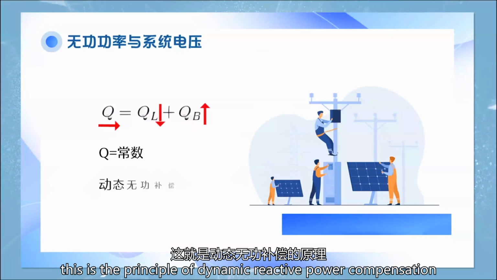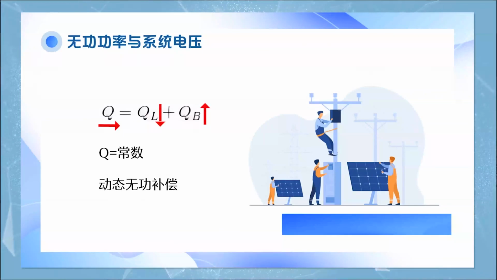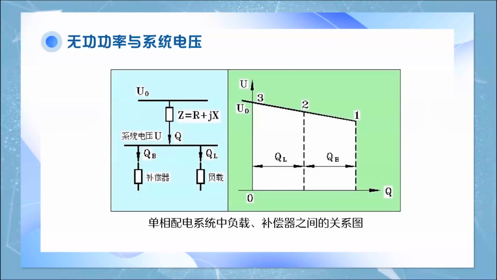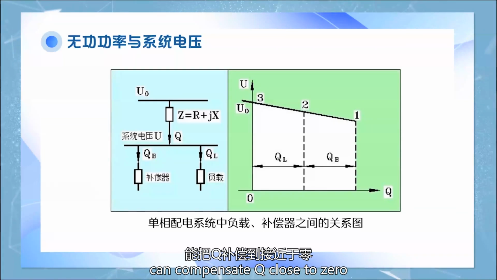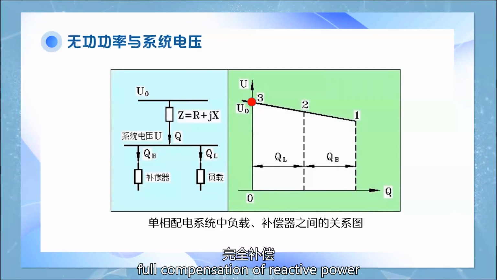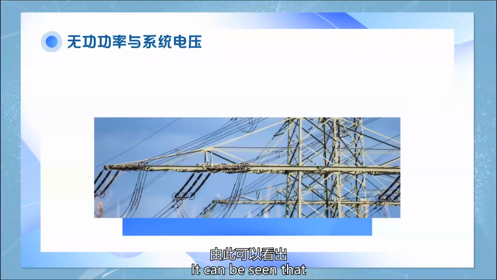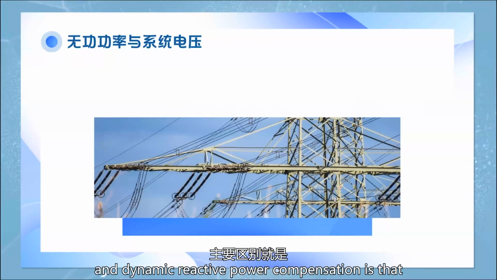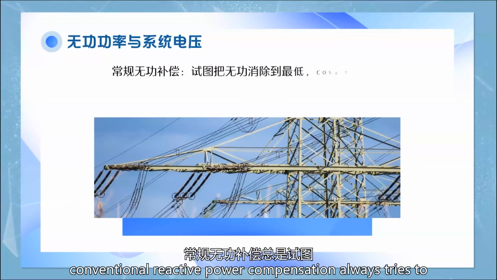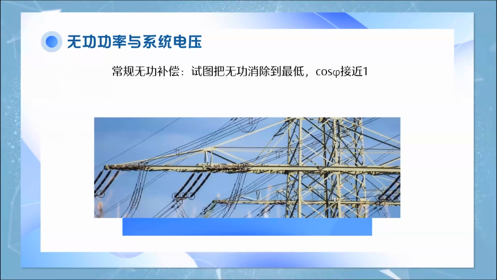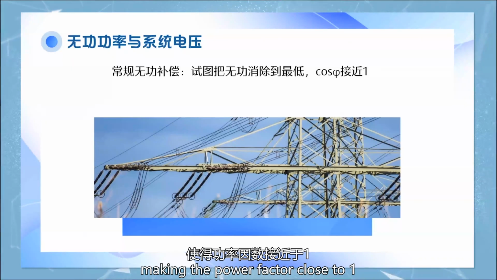This is a principle of dynamic reactive power compensation, especially in the figure on the right. If the reactive power compensation can compensate Q close to 0, that is, at point 3 in the figure, this is a conventional full compensation of reactive power. It can be seen that the main difference between conventional reactive power compensation and dynamic reactive power compensation is that conventional reactive power compensation always tries to eliminate the reactive power to the minimum, making the power factor close to 1.